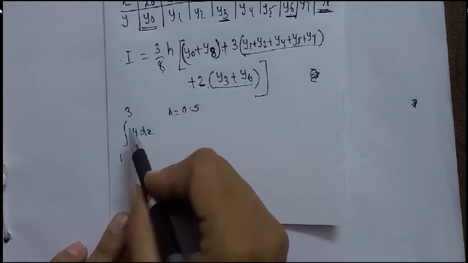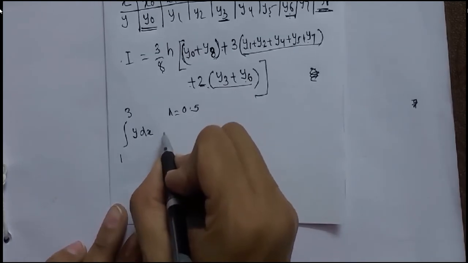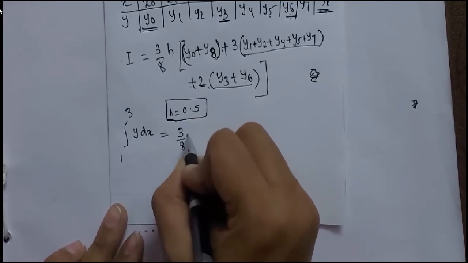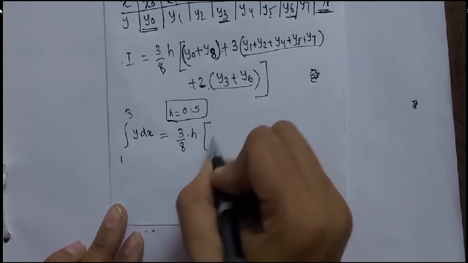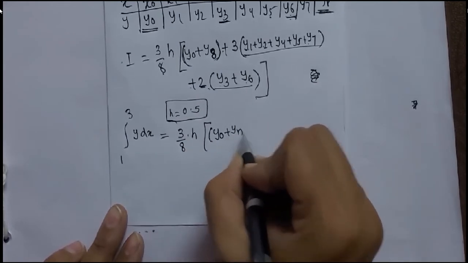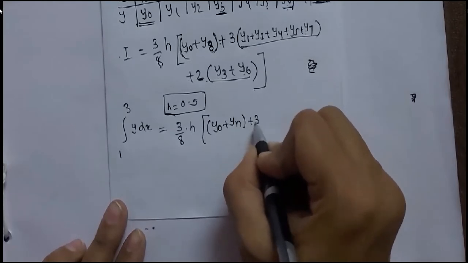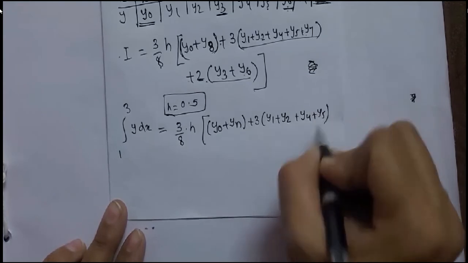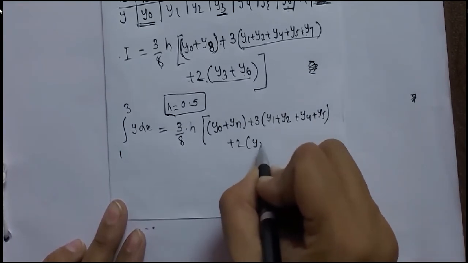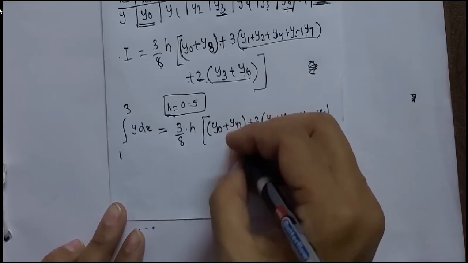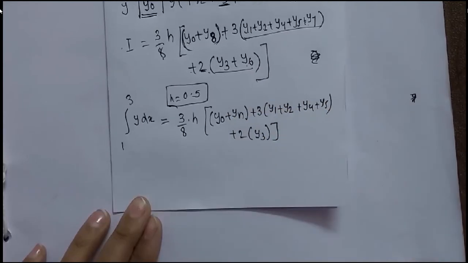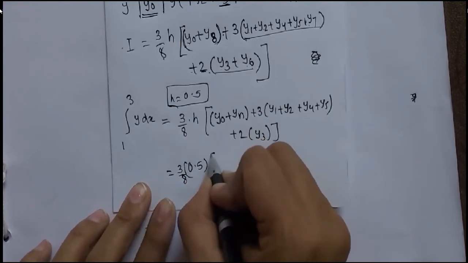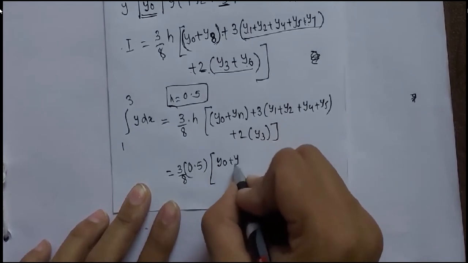Now we are going to solve this by Simpson's 3 by 8 rule. We know that h is equal to 0.5. We write 3 by 8 into h, times y0 plus yn, plus 3 times (y1 plus y2) from the table, plus 2 times y3, where the last term is y4.